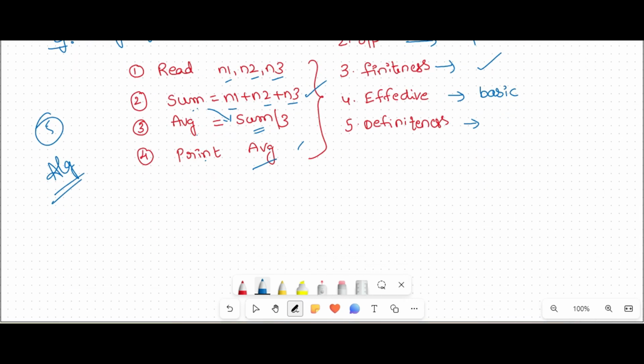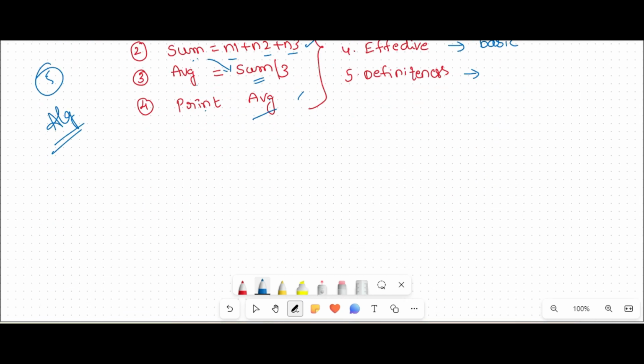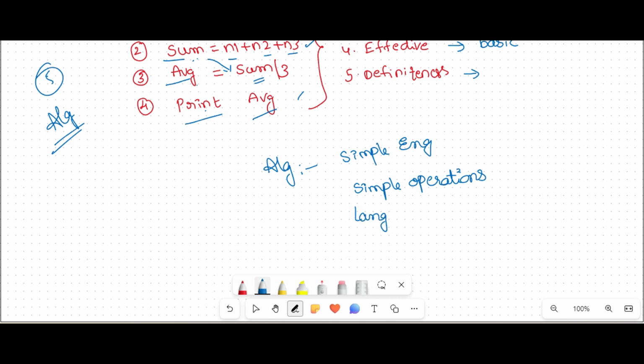And remember another point. This algorithm consists of simple English statements. English words only: sum, average, print. And then simple operations. And it is programming language independent.